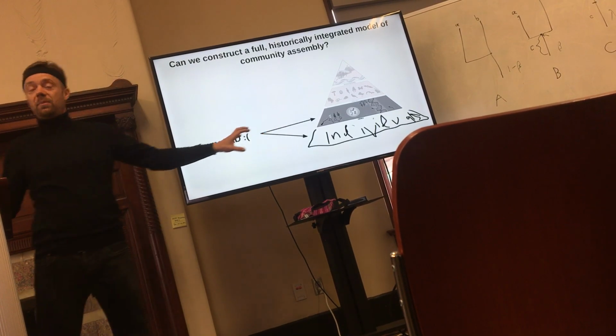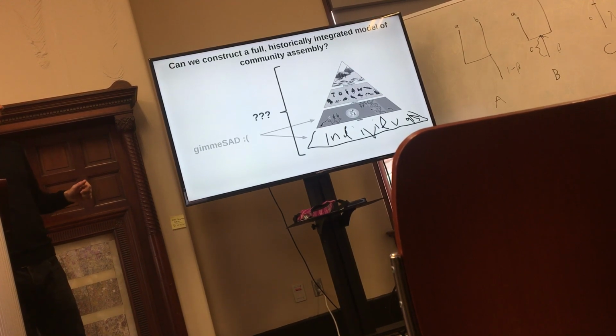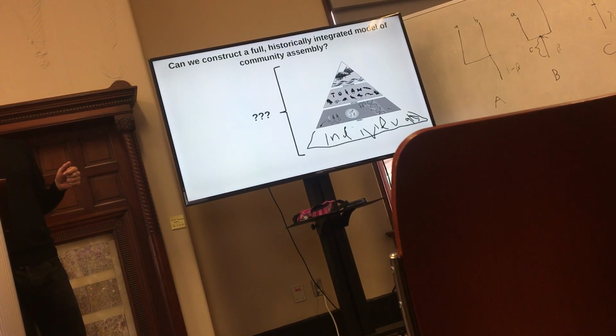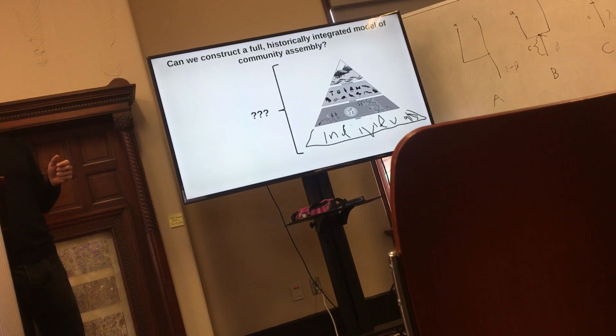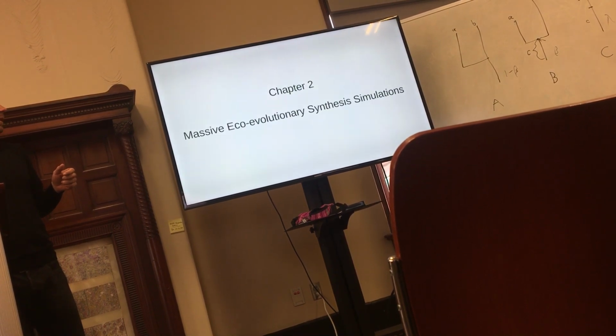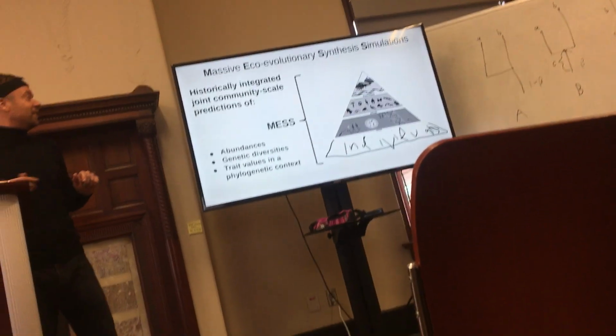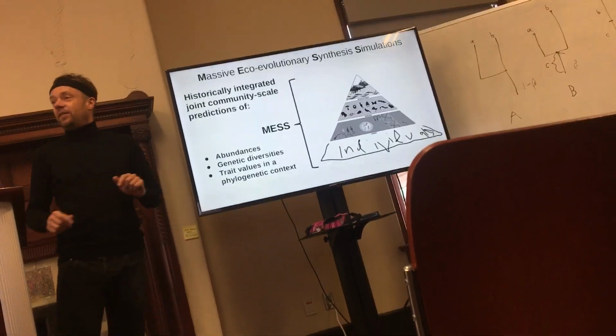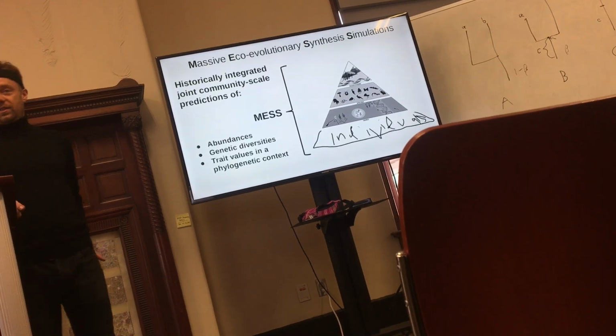We have a foundation that we can build stuff on, but what I want to know is, can we expand this model to really account for more of the action that's going on across the levels of biodiversity? And so that's what we did. And we call this massive eco-evolutionary synthesis simulations.